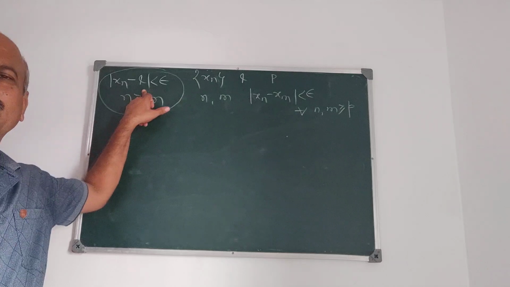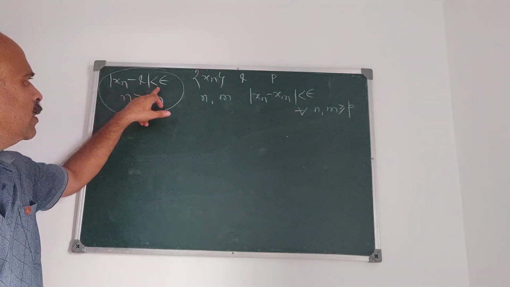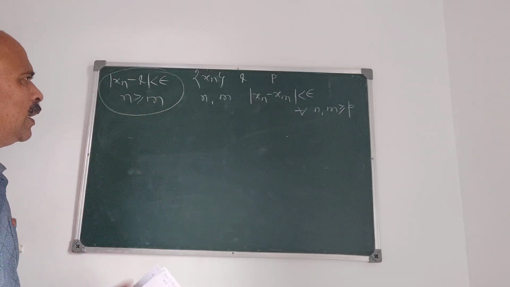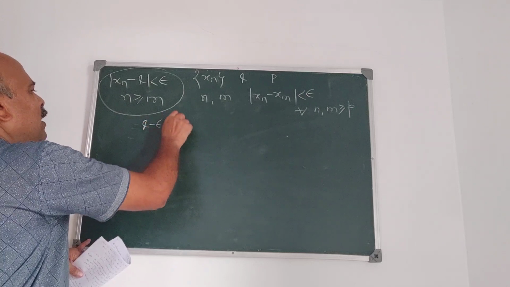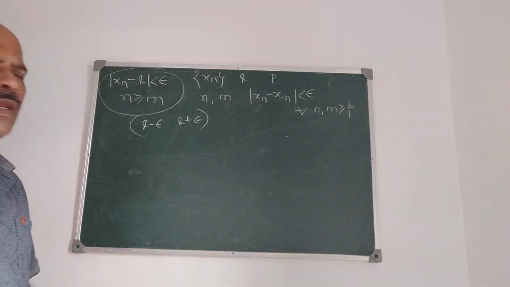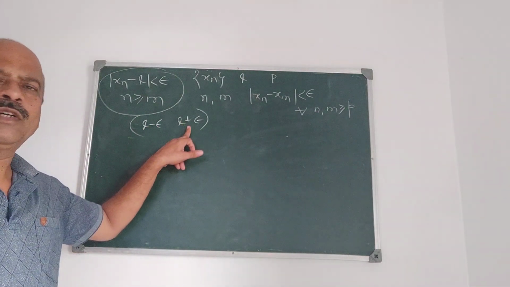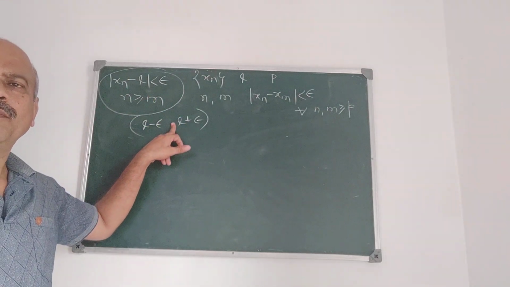And a sequence is said to converge to L if an infinite number of terms of the sequence lie in a small interval, L minus epsilon, L plus epsilon. Then we say that sequence xn converges to L.